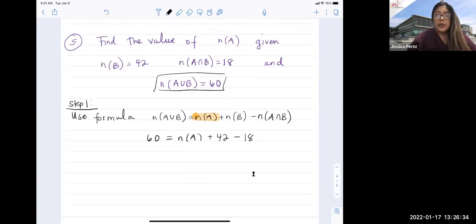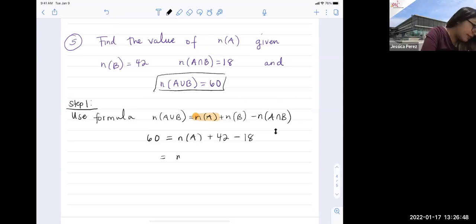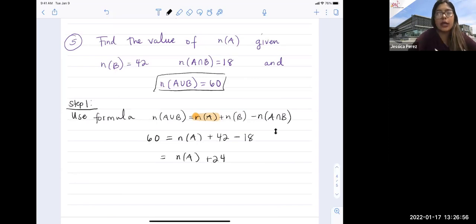So the first thing we need to do is make sure that we isolate the variable n of A, because that's what we're trying to solve. So we have 42 minus 18. We get 24. We have n of A plus 24, because that's what we get when we combine 42 and 18. Remember, you are allowed to use your calculator.